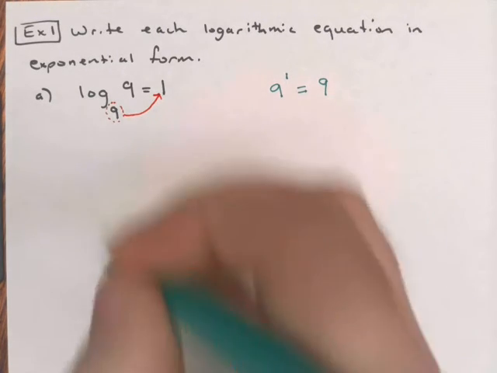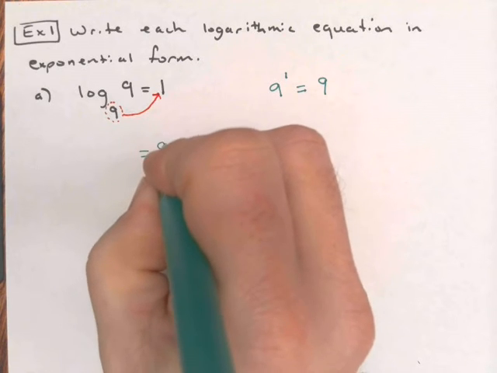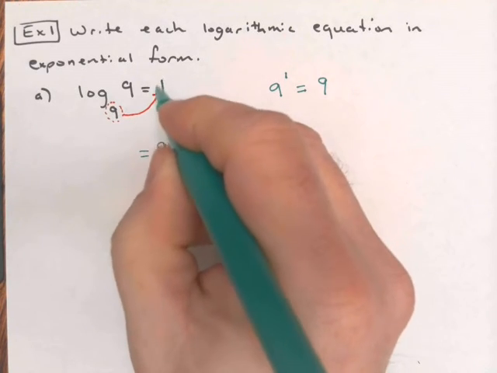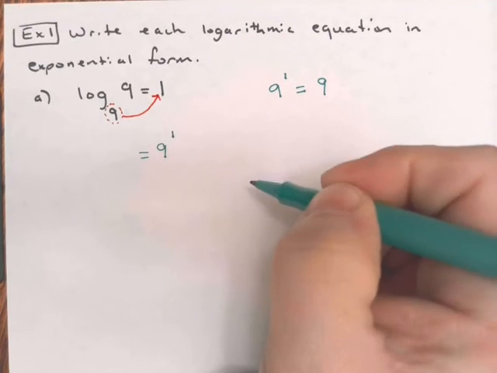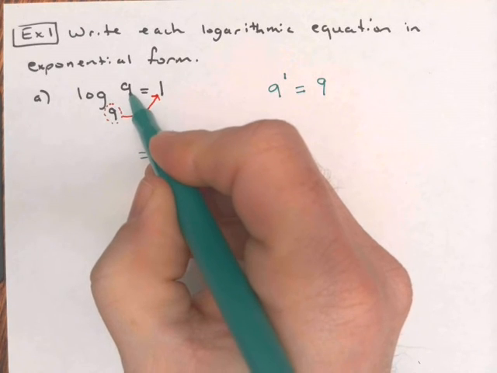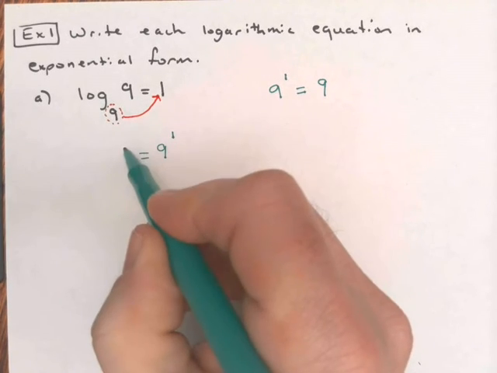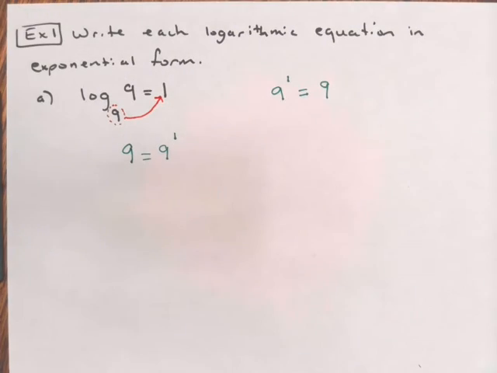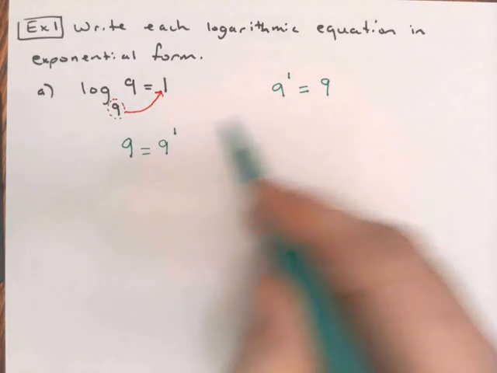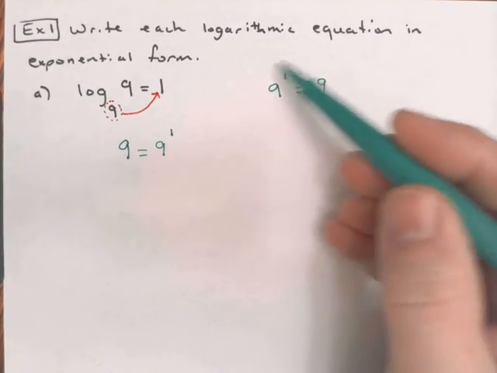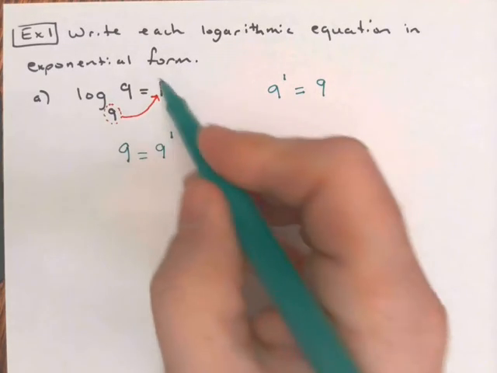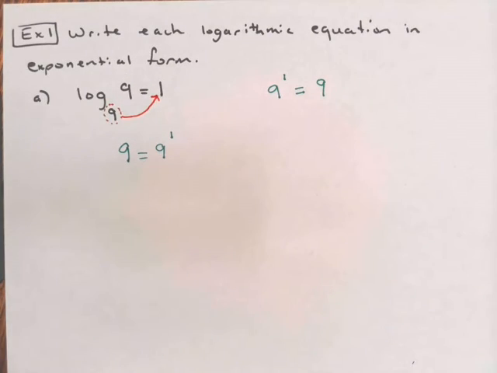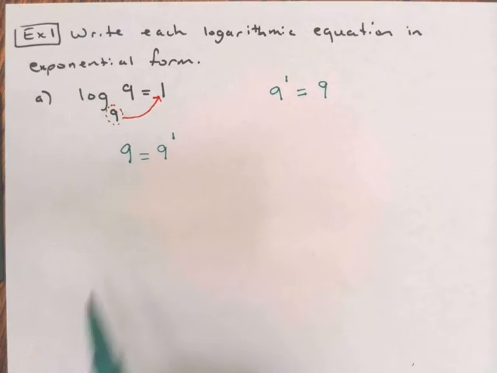If you did that, you would have a 9, and then this would become an exponent. And on this side, all that's left is this 9. So it's the exact same thing, but rather than memorizing the pattern, this gives you a visual as to what you can do to go from logarithmic to exponential form.